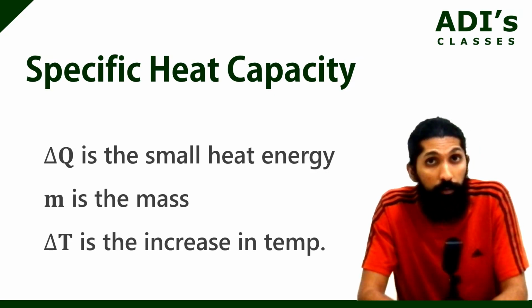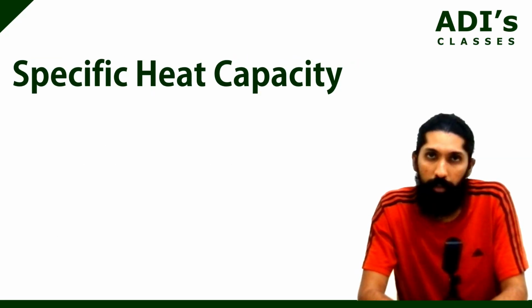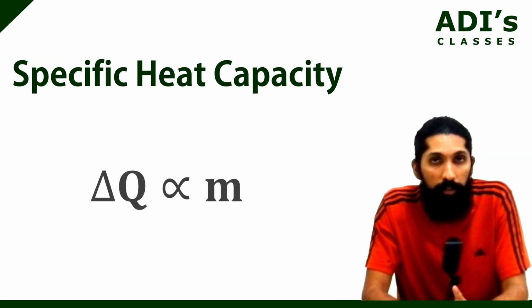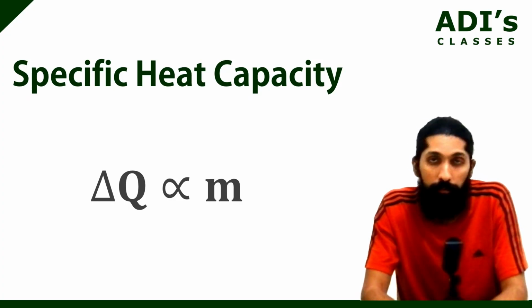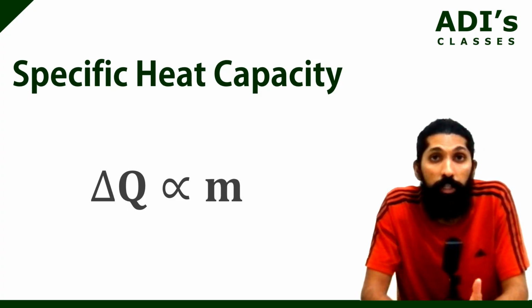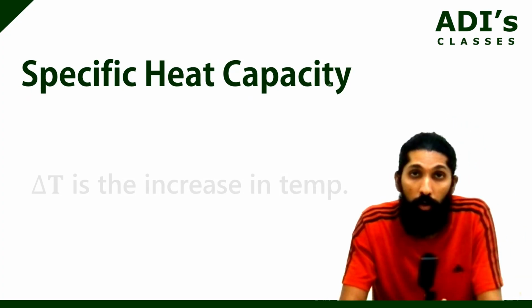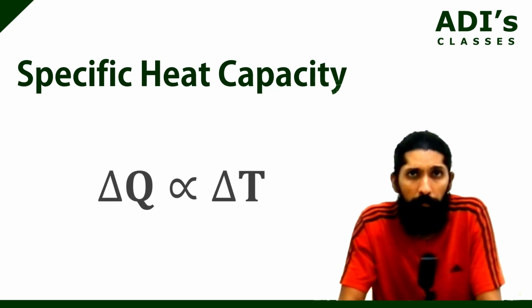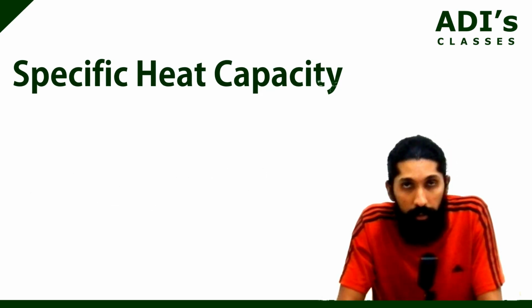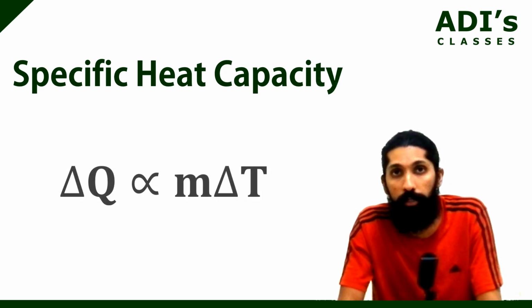So delta Q is proportional to M. Then the energy we are giving is also proportional to the change in temperature, so delta Q is proportional to delta T. Combine these two together: delta Q is proportional to M into delta T.